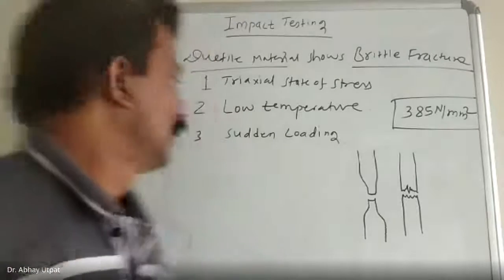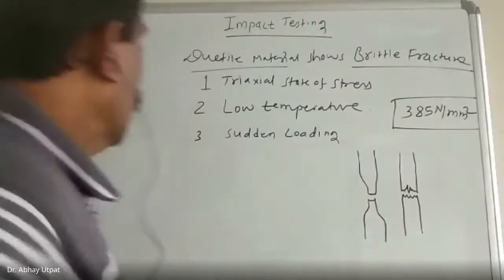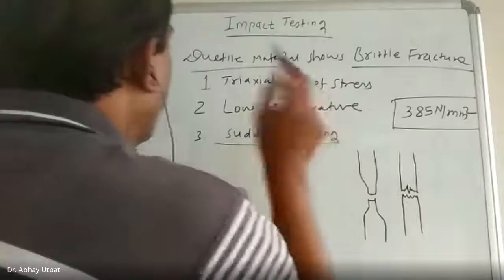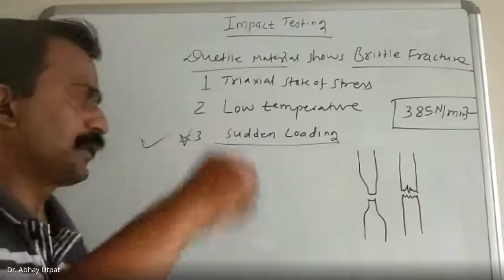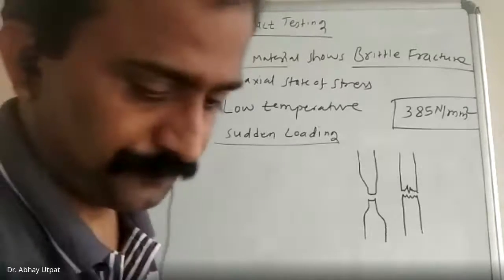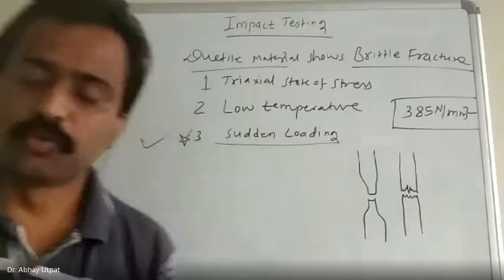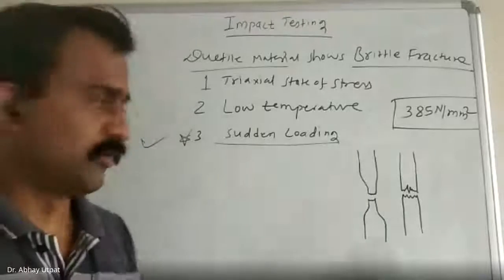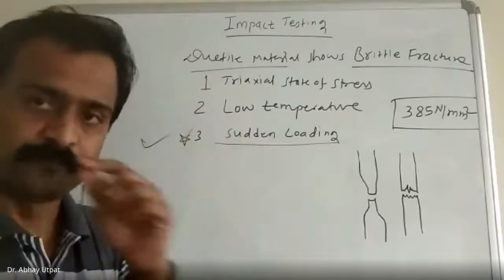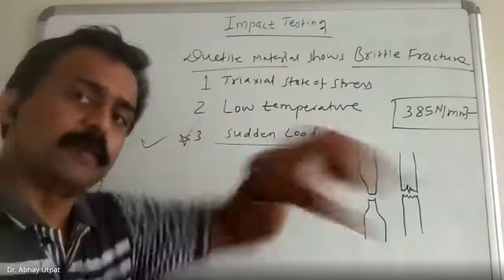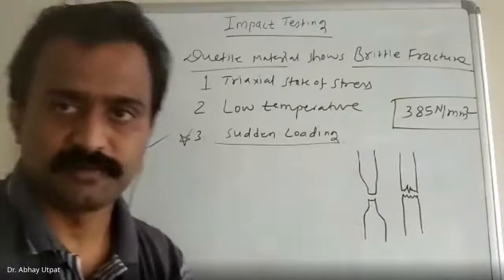Now, concentrate on this. We are going to perform an experiment on this sudden loading. You can create situation 1, situation 2, or situation 3 for checking the brittle failure of ductile material.